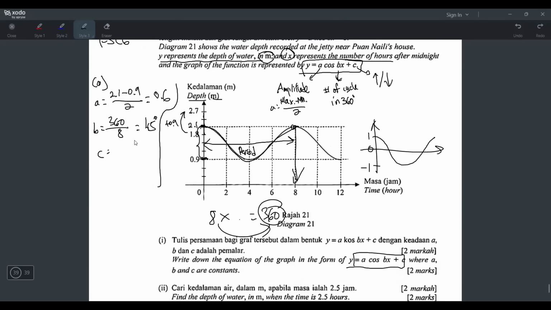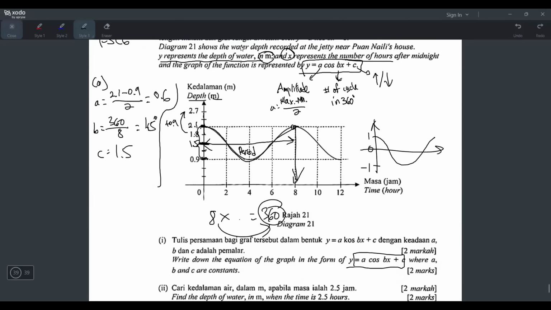But positive how many? Okay, first you find out the center. You can find out here first. Remember the amplitude, because the total height is here, right? So half of it is where? So 1, 2, 3, 4. Half of it is here, which is 1.8 minus 0.3. You get 1.5. In other words, your C is 1.5.